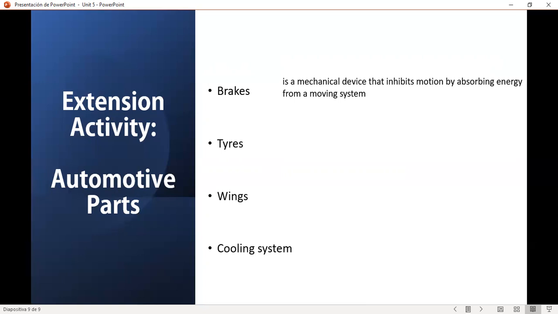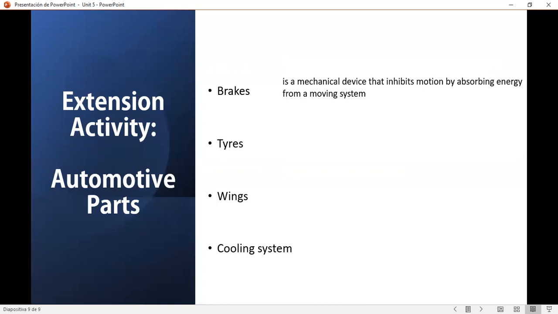It's a mechanical device that inhibits motion by absorbing energy from a moving system. Okay, exactly. Then we have the tires. In this case, tires are the wheels. Yes, it's another name. They travel over the way or road and absorb vibration or abnormalities in the road.